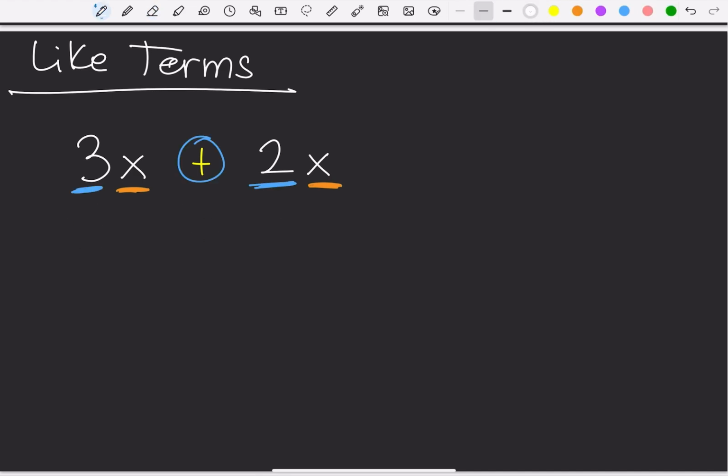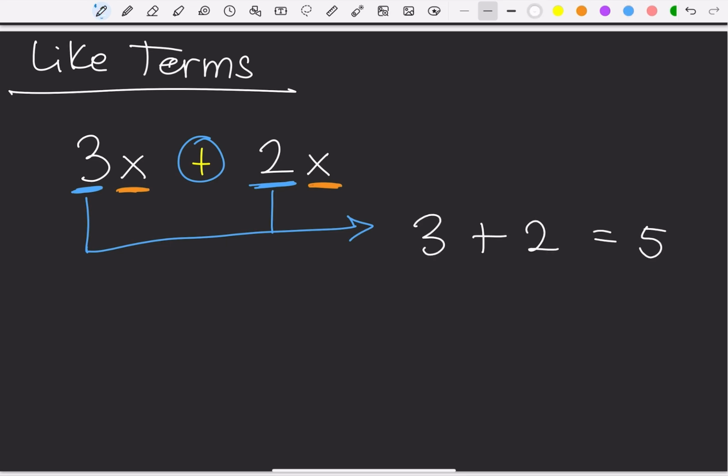So what do we do now, right? We know that 3x and 2x are like terms, and we want to add them together. So all you have to do is add together your coefficients. Well, what is 3 plus 2? That's 5. So when we're able to add our coefficients, all we have to do is take our variable and stick it right next to that 5.